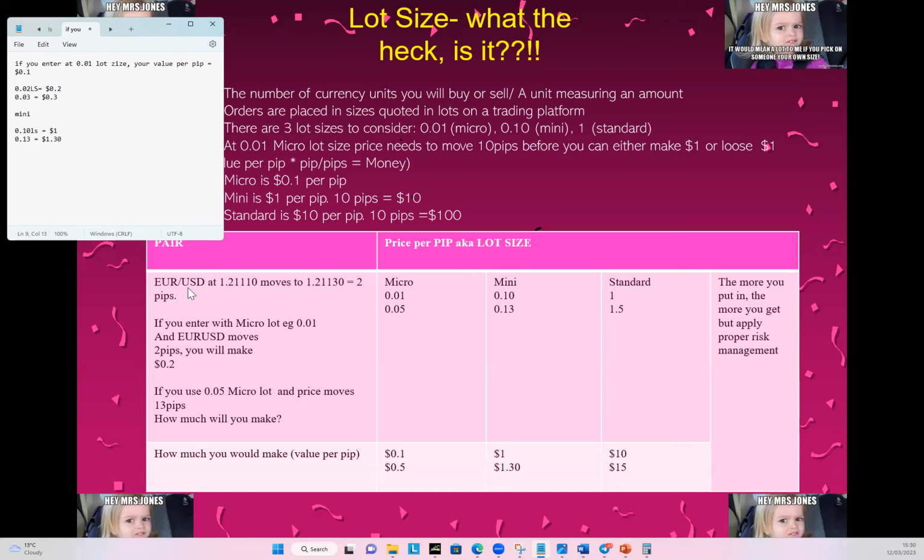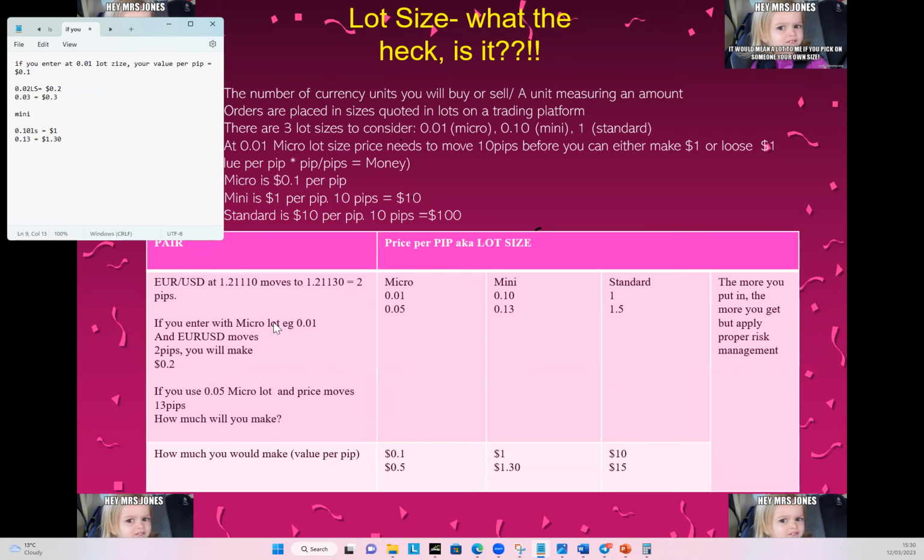You can see this example here. When I ask if this is correct, I'd like positive or negative responses from everyone. All right, so that moves 2 pips essentially.